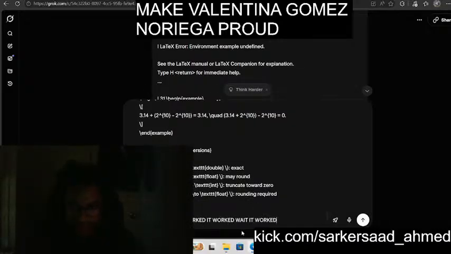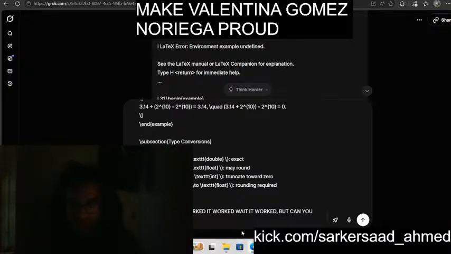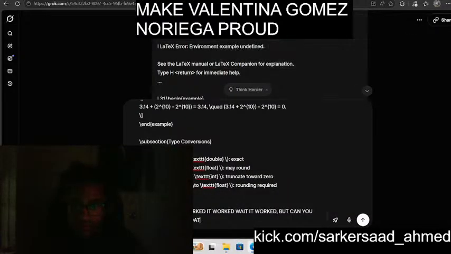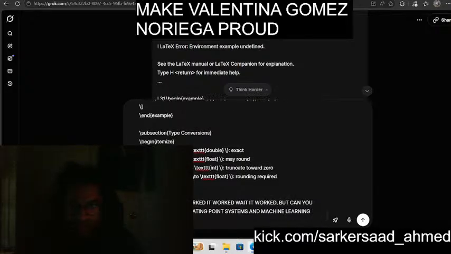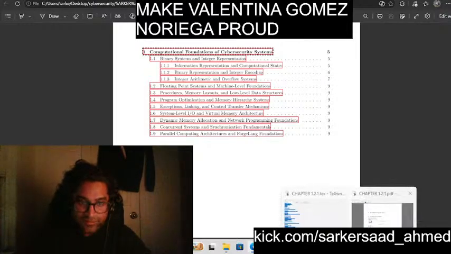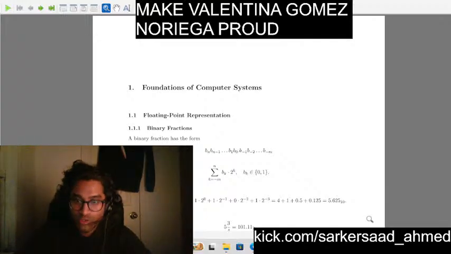Wait, it worked. But can you change it to 1.2? 1.2 Floating Point Systems and Machine Learning Foundations. And then start with 1.2.1.